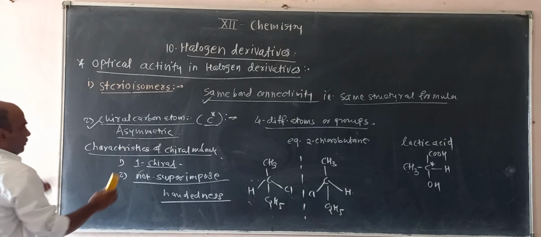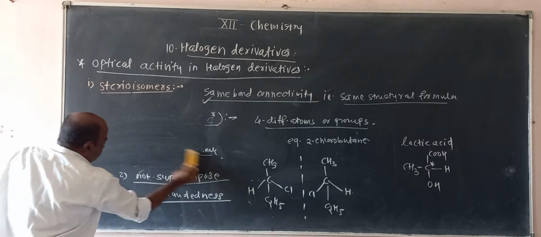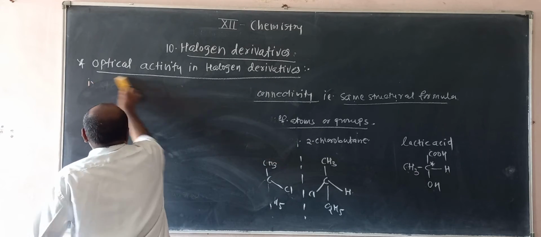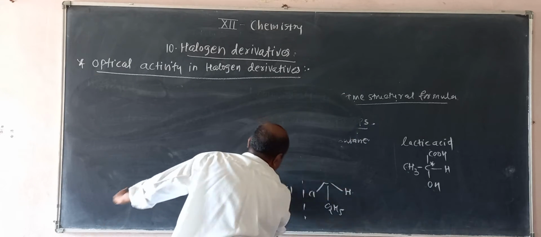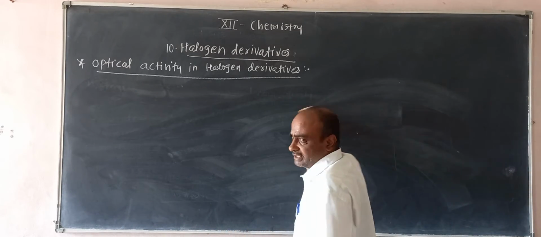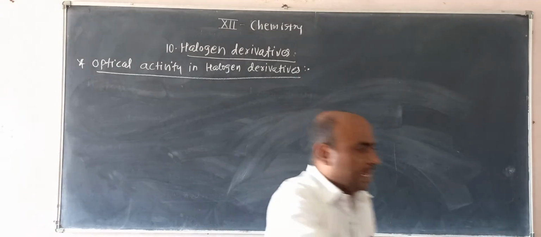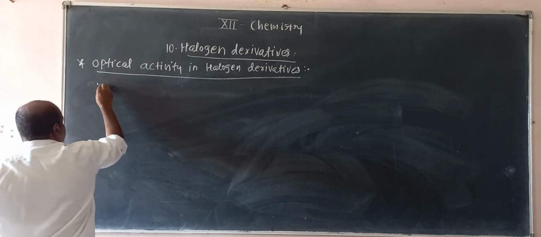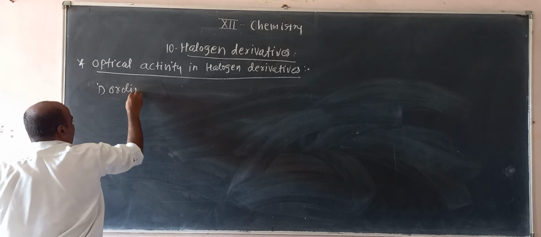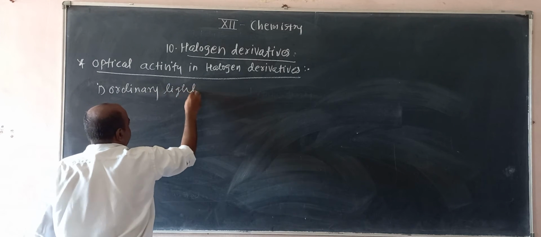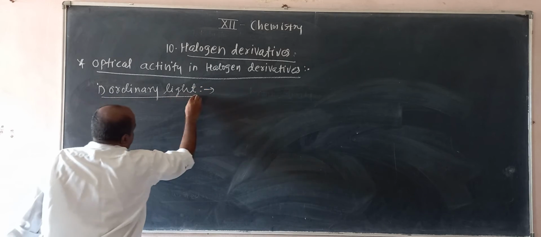Okay. Now before seeing the actual meaning of optical activity, we have to discuss two light phenomena, that is ordinary light and plane polarized light. First we discuss what ordinary light is.